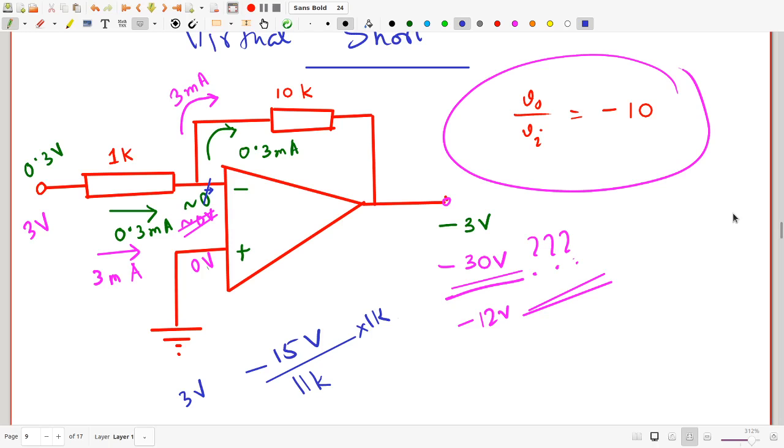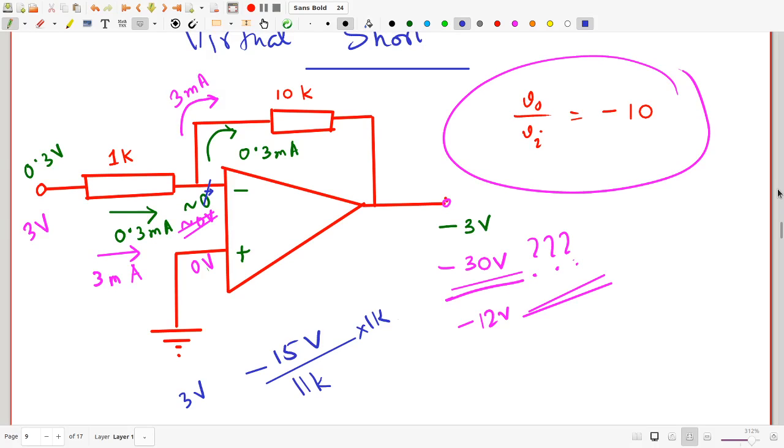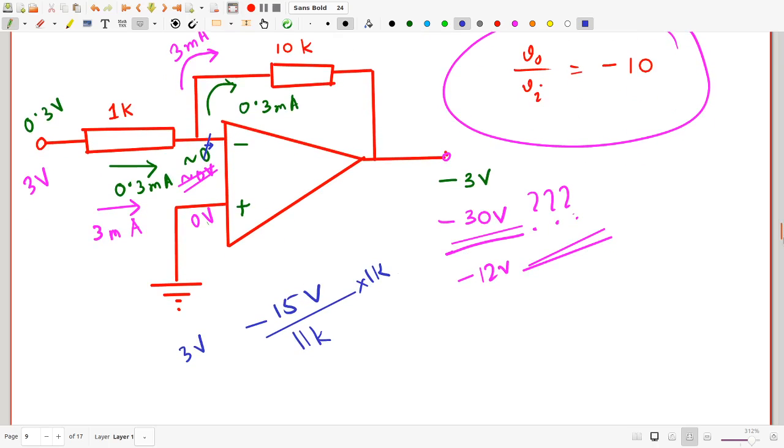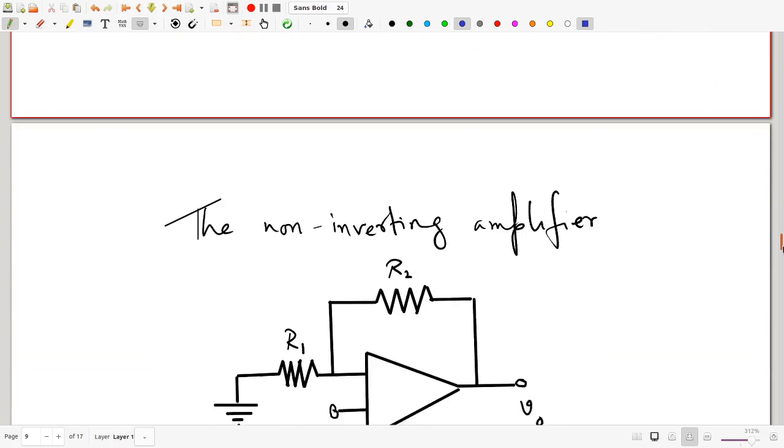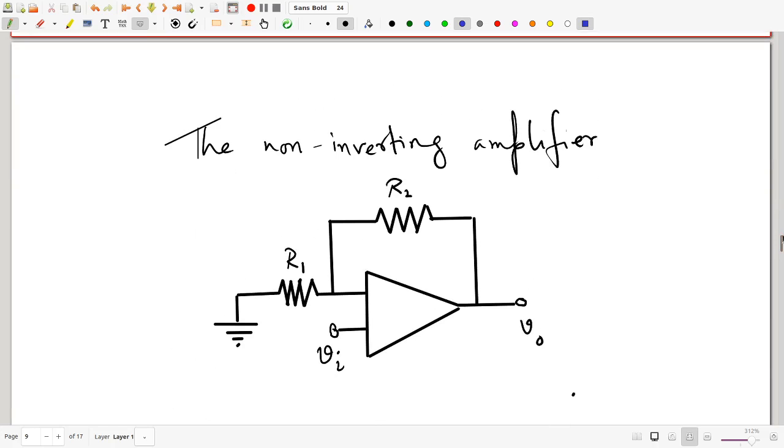So let us just use that and try to analyze a few more op-amp circuits quickly. When I say quickly, I mean really quickly. As you will soon see, analyzing op-amp circuits, especially linear op-amp circuits, is very easy because of this virtual ground demand. So the next circuit we are going to analyze is a non-inverting amplifier.